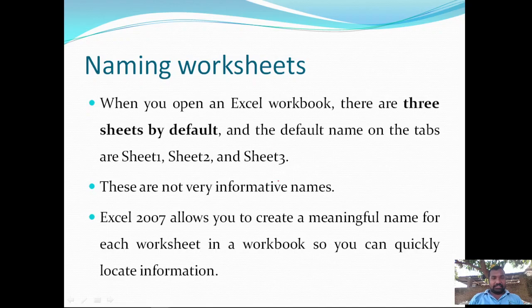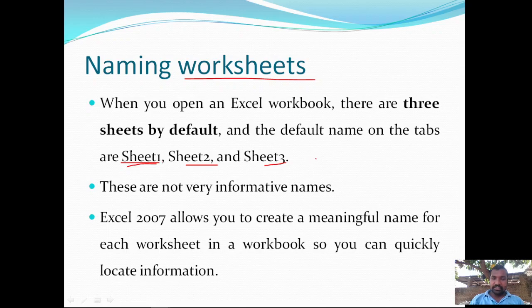Naming worksheets. We know that a workbook is a collection of worksheets. By default, three worksheets are there in a workbook. They are labeled Sheet1, Sheet2, Sheet3. These are the default names for sheets. Every time the name is the text "Sheet" followed by a number.